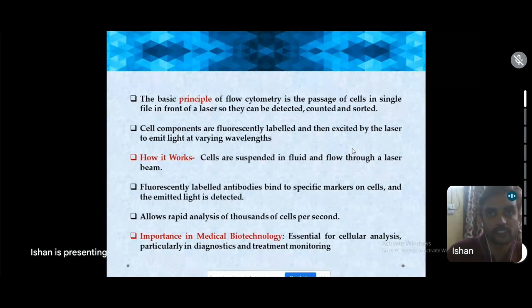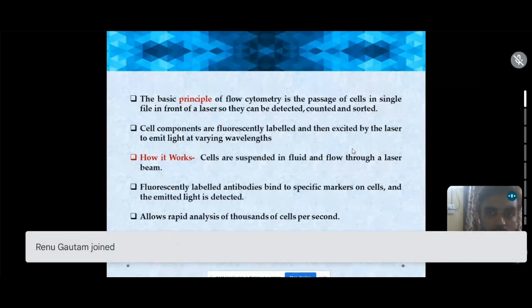So the basic difference is that flow cytometry is for cellular populations. There is also histochemistry, that is immunohistochemistry. These techniques are defined on the basis of their cellular structure, and what kind of analysis we are performing.